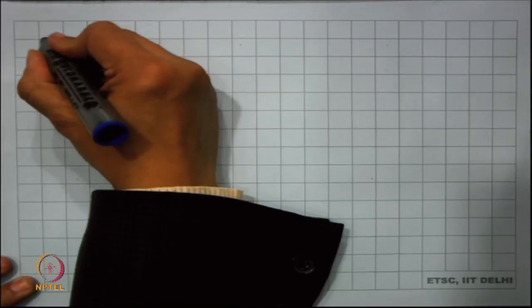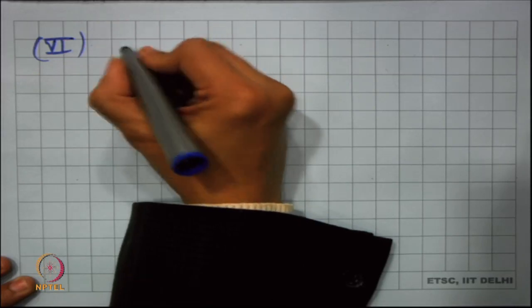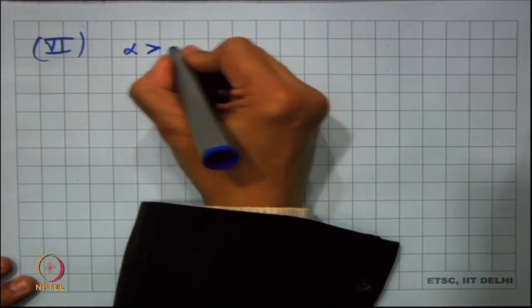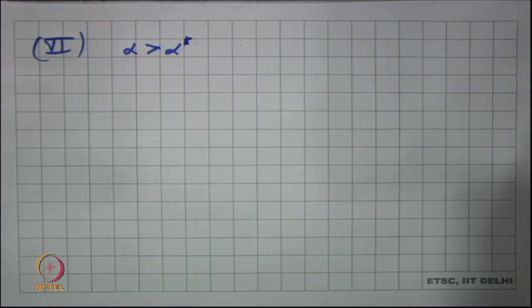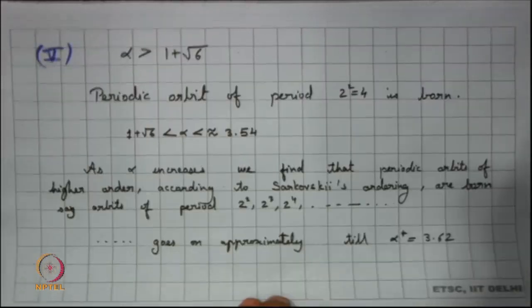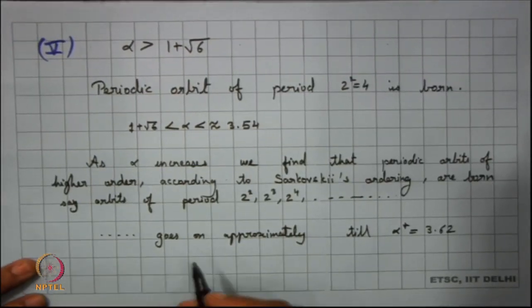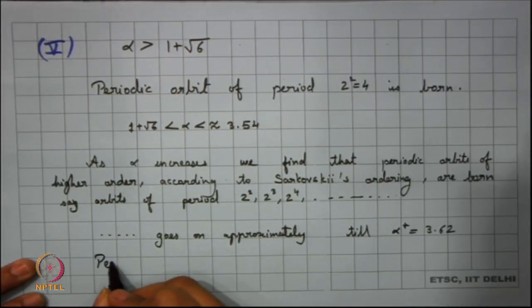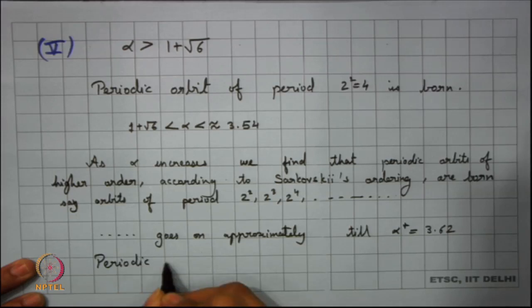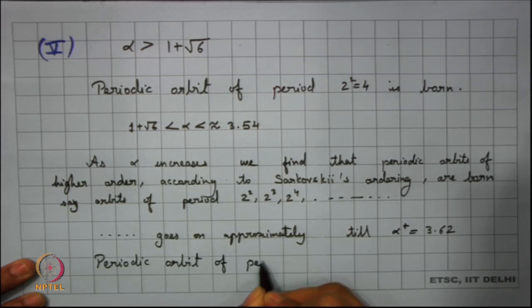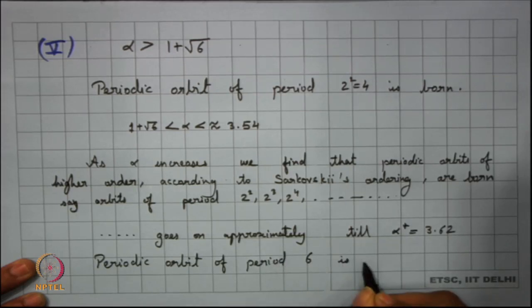If we look now at the sixth case, I am looking at alpha greater than alpha star. What happens in that case? At alpha star equal to 6.32, we find that there is a periodic orbit of period 6 born.